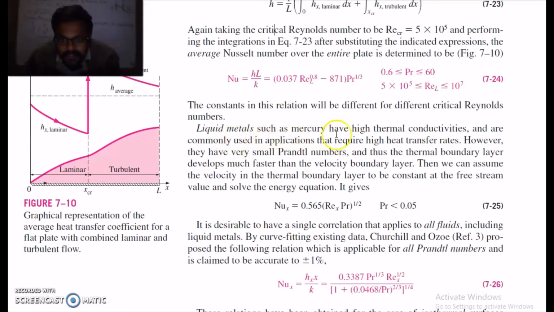Liquid metals such as mercury have high thermal conductivity and are commonly used in applications that require high heat transfer rate. However, they have very small Prandtl number, and thus the thermal boundary layer develops much faster than the velocity boundary layer. Then we can assume the velocity in the thermal boundary layer to be constant at the free stream and solve the energy equation. It will give this relation.